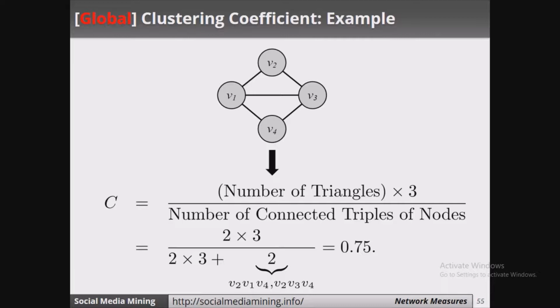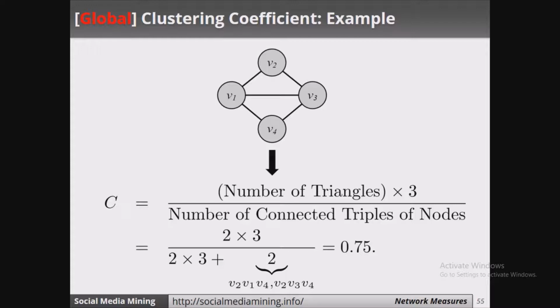Let's look at the denominator. Since we have two triangles, it means there are 6 triples, right? Because every triangle will have 3 triples, so we have written 2 times 3, plus 2 because there are two extra triples that you can see.